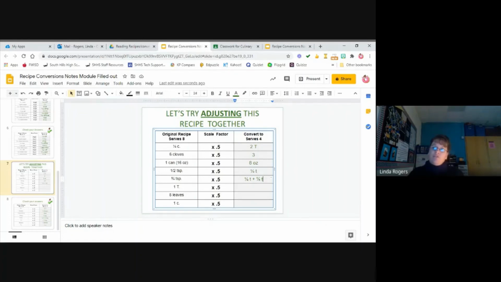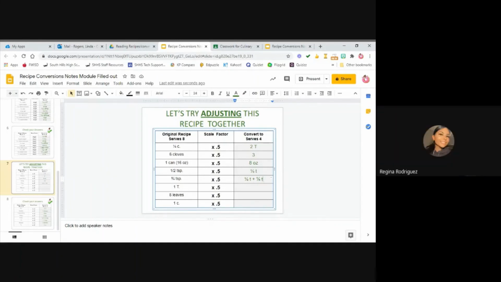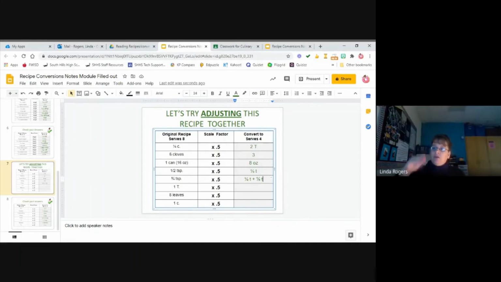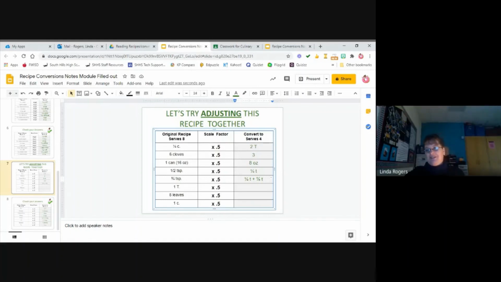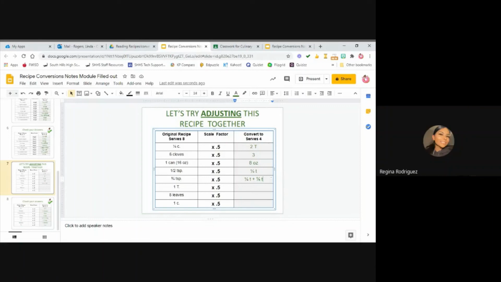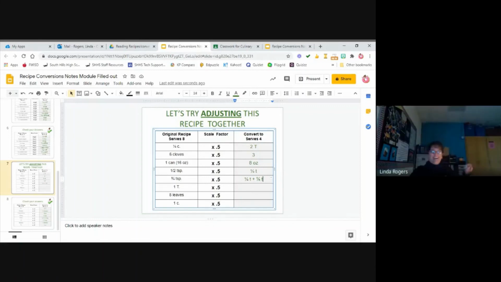Then we would halve that and we'd have 6 tablespoons. And if we reduce that down, that would be a 1/4 cup and 2 tablespoons. Does that make sense? Did I just confuse you a whole bunch more? No, I understood. Okay.